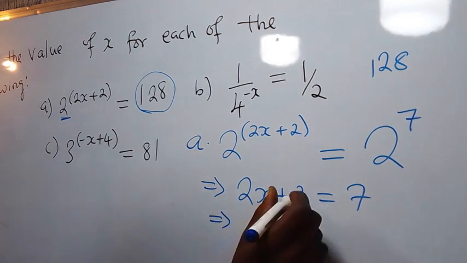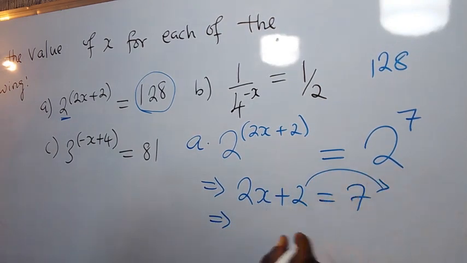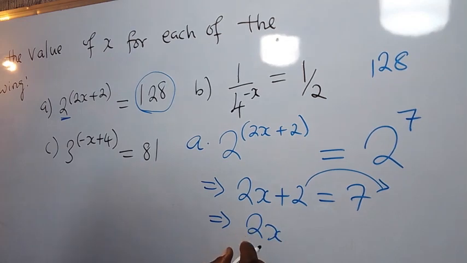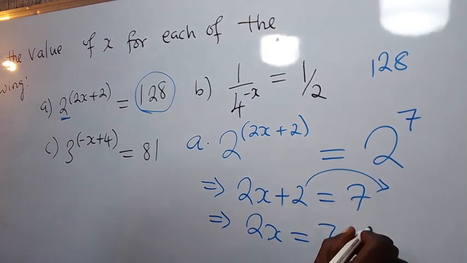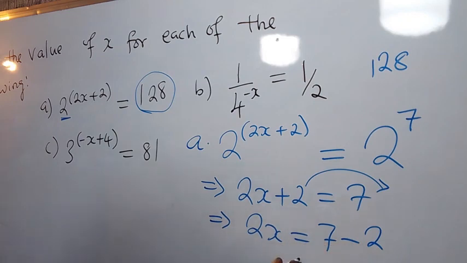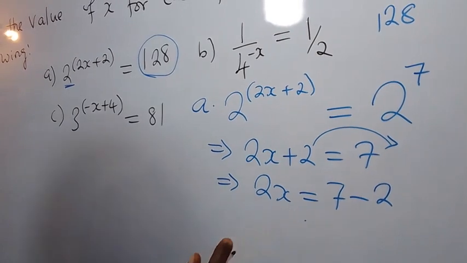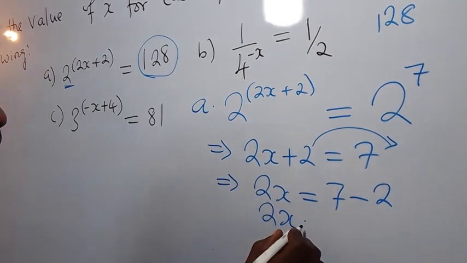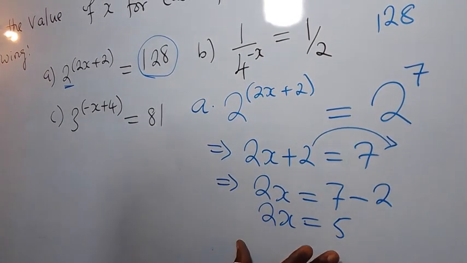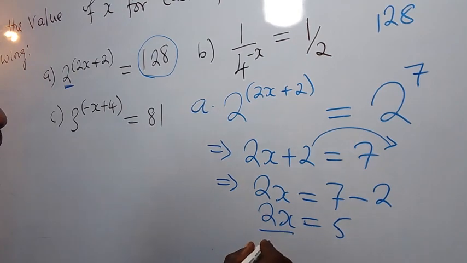Now from there, you can get this 2 to the other side. It's going to be 2x equals 7 minus 2. This is positive, it becomes negative. And this is now going to give us 2x equals 5. And then we are going to divide both sides by 2.